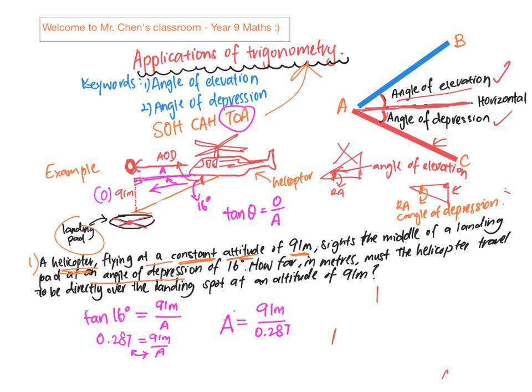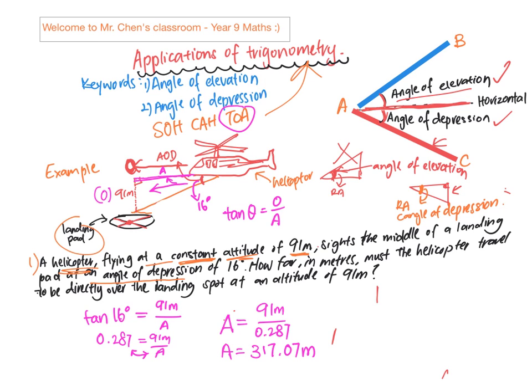From there, we will divide 91 by 0.287, which will give you the length for the adjacent to be 317.07 meters.